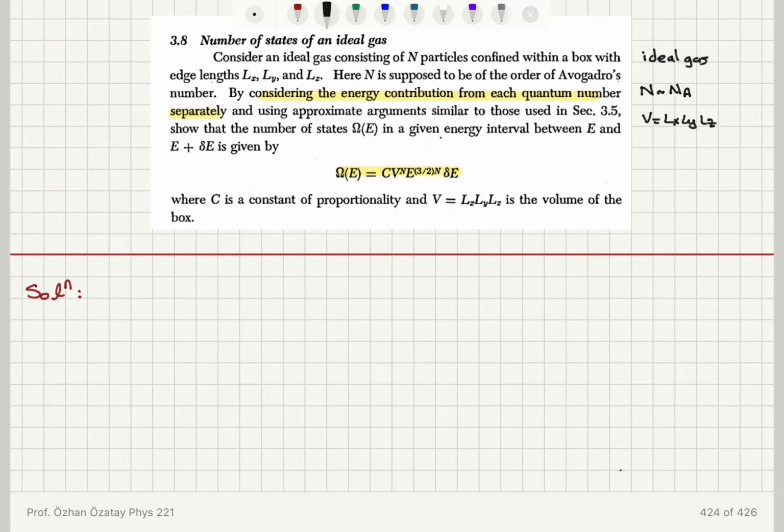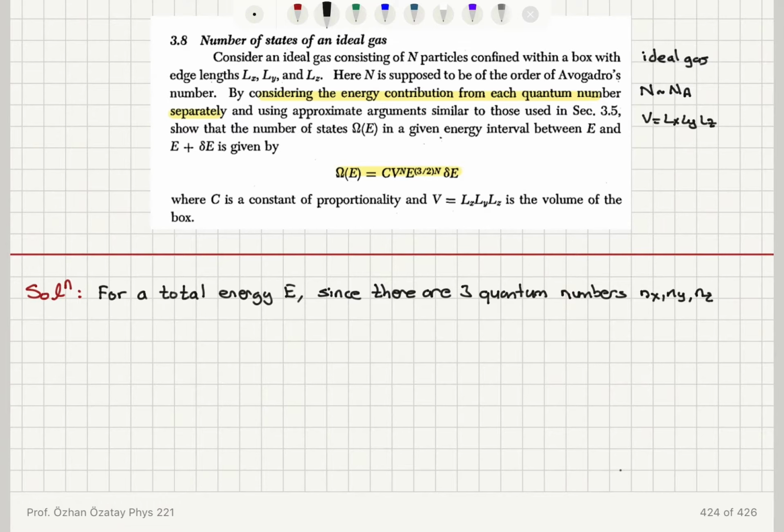Now, if this gas has a total energy E, since we have 3 quantum numbers per particle, Nx, Ny, and Nz per particle.